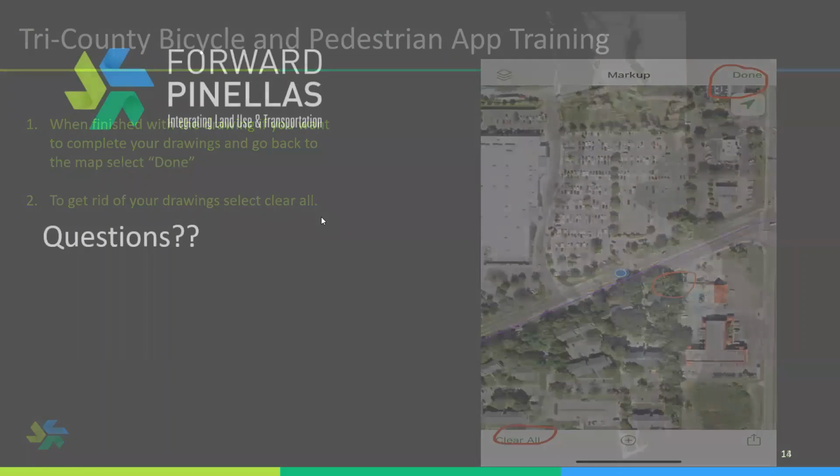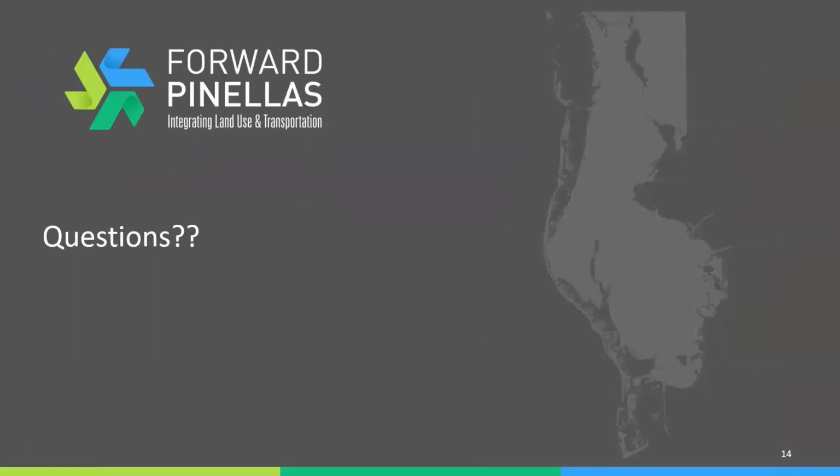So with that, that's pretty much the functionality of the application, how it works, how you can use it, how you can draw on it, how you can add different notes about different features you might see when you're out on the trail. But with that, I would be happy to take any questions you might have. If there's something you'd like me to revisit, or if you'd like more clarity on anything, I'm happy to do that.